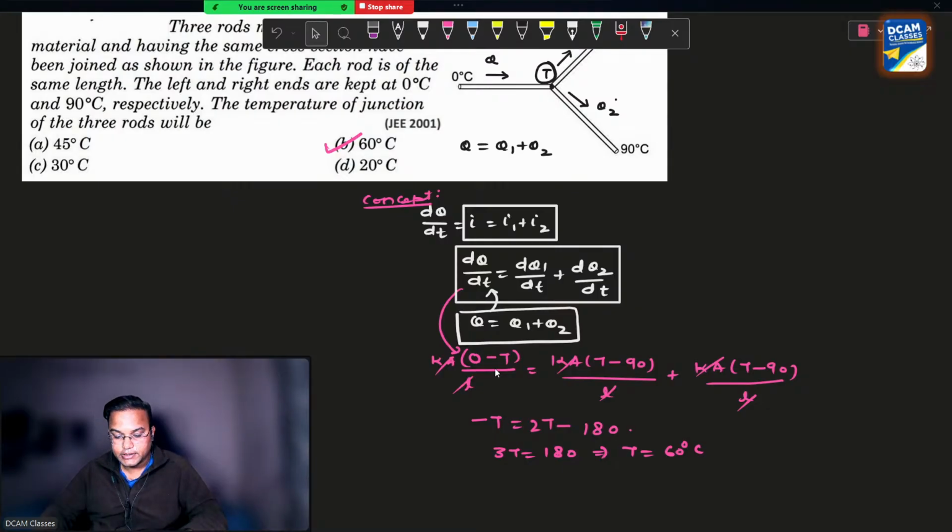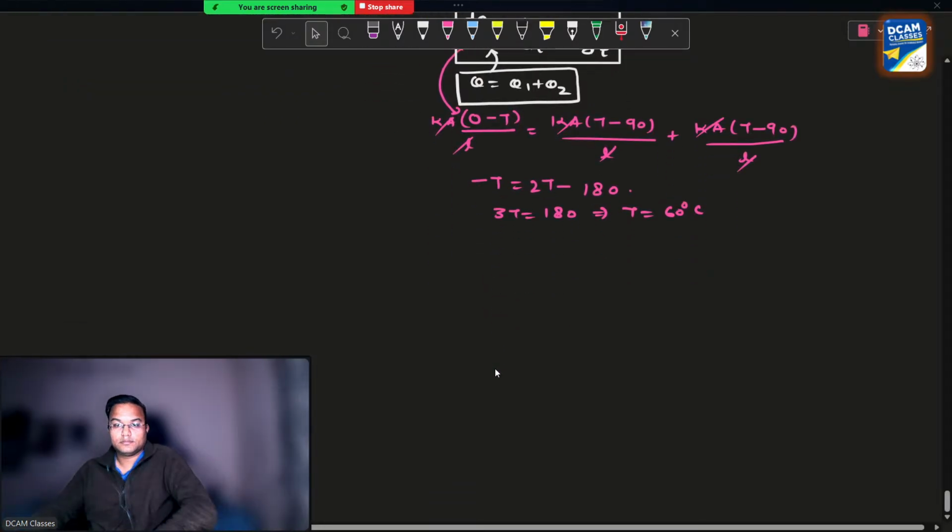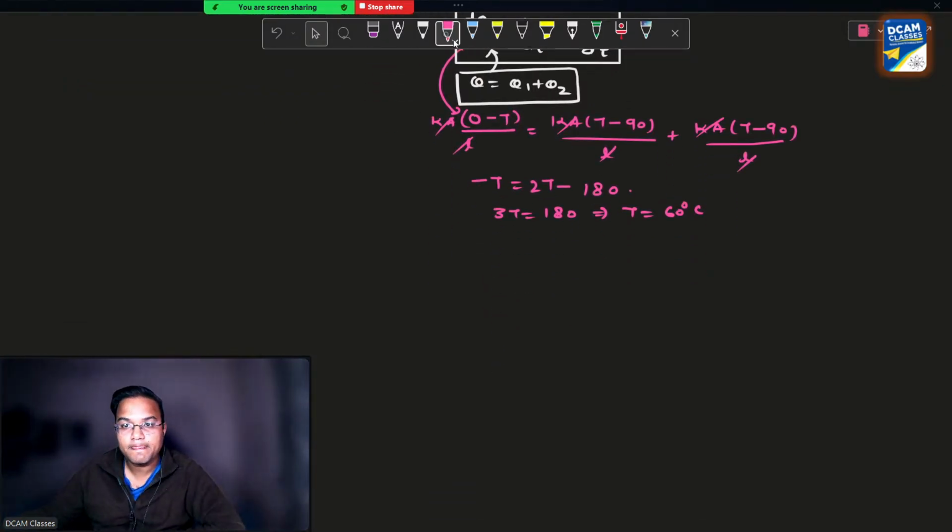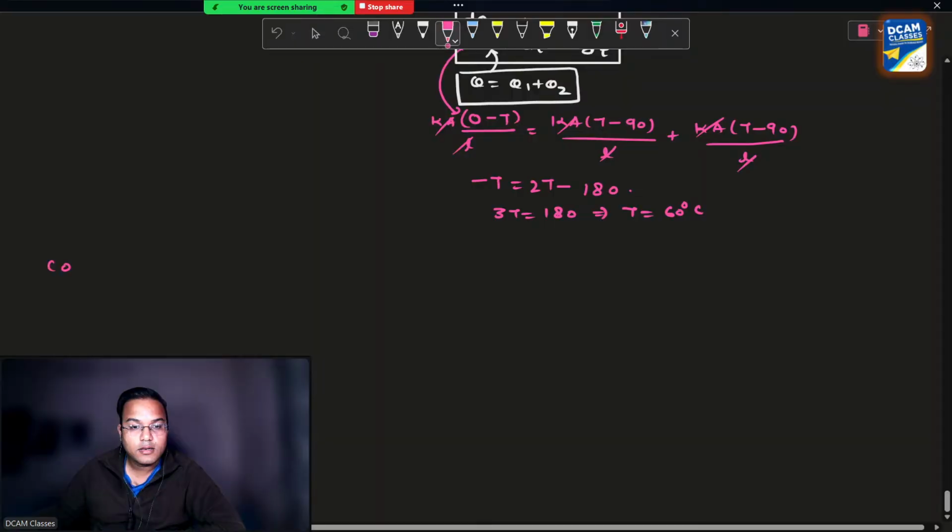Series and parallel cases in conduction. There is a question also. Combination of conductors in series.